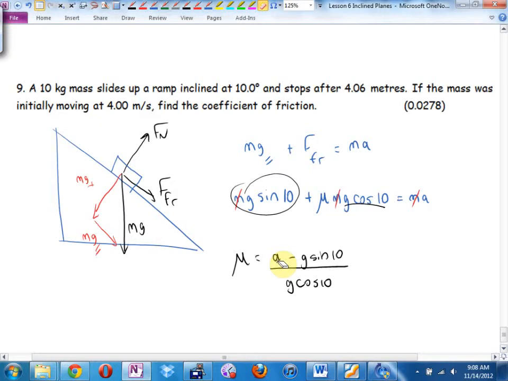No. Even though this question said find mu, I think what I'm really going to have to find first is, can I? Well, now they're talking about finding acceleration, and I don't think that I'm going to find the acceleration using forces, because I've already written my force equation. I think I'm going to find the acceleration using the other stuff that they gave me, the fact that they said this and this. I think now I'm going to go back to Unit 1. I'm going to say, well, d is 4.6. a is, I don't know.